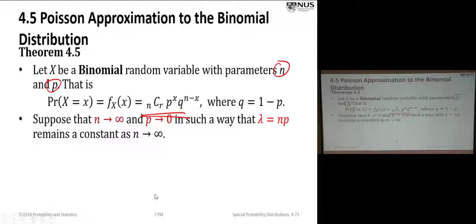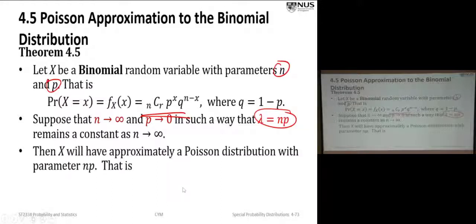Now, when n is getting bigger and p is getting smaller, such that n times p is considered a constant as n goes to infinity, then x can be approximated by a Poisson distribution. So in other words, if x follows a binomial distribution with parameters n and p, and n goes bigger and p gets smaller, this is how mathematicians say that n is getting bigger until it reaches infinity, and p is getting smaller until it reaches 0.